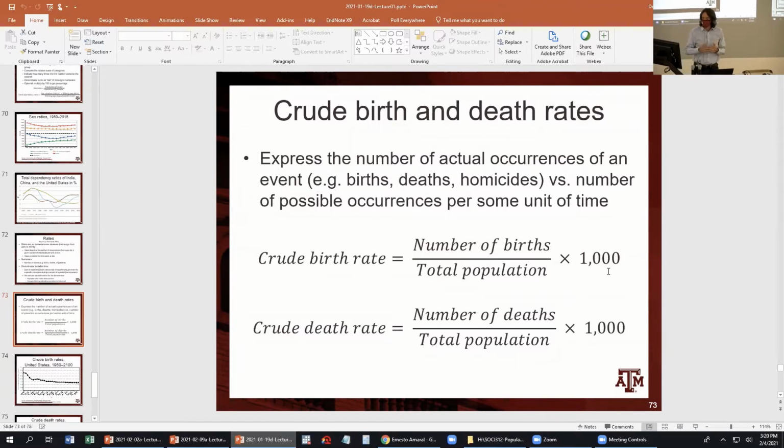Or if you had the number of births over the total population and the number of deaths over the total population, and you didn't multiply by 1,000, you just subtract one from the other and then multiply by 100. It just depends on how the crude birth rate and crude death rate you are analyzing were calculated.